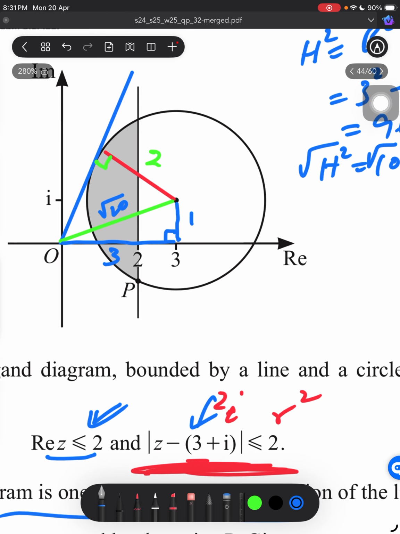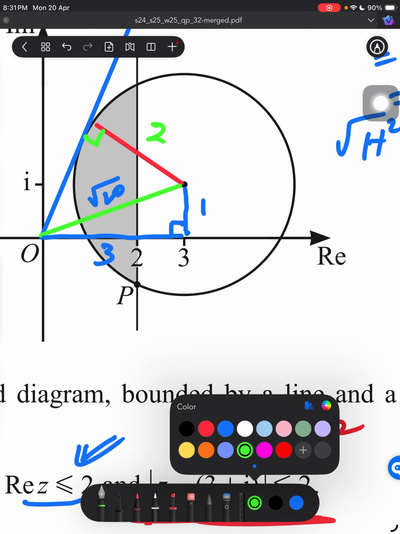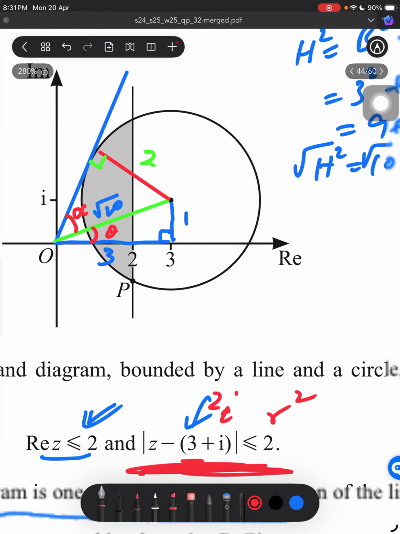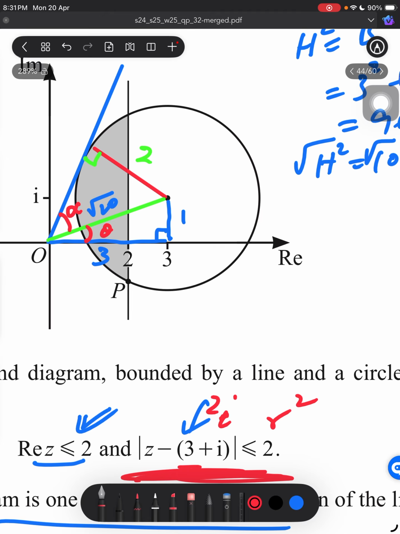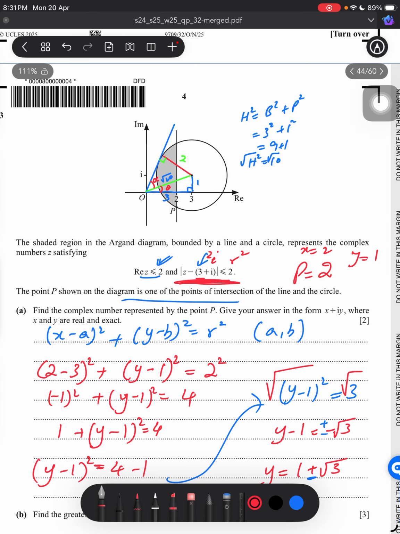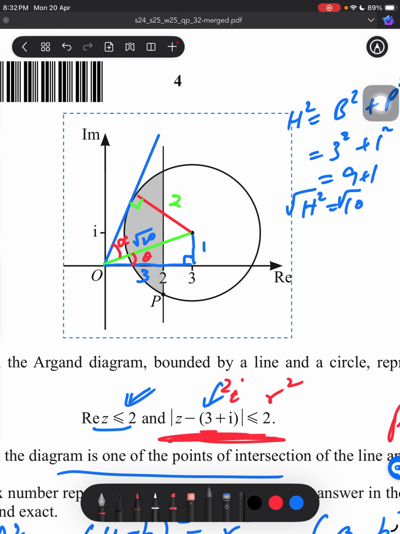For the arguments, one angle could be written as theta and the other angle as alpha, and this can be done by the sine rule, because the first triangle would be, let me take this value from here and bring it down there.